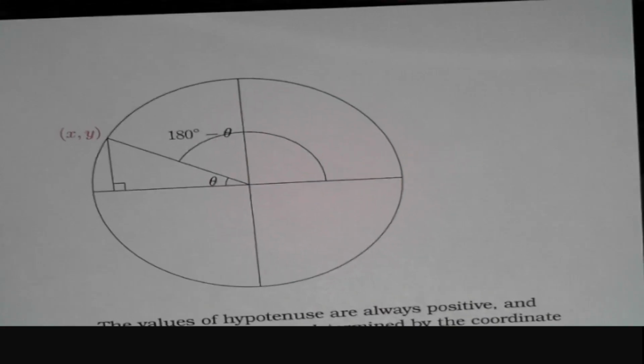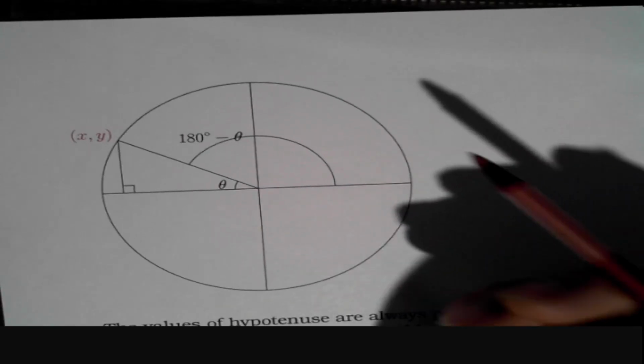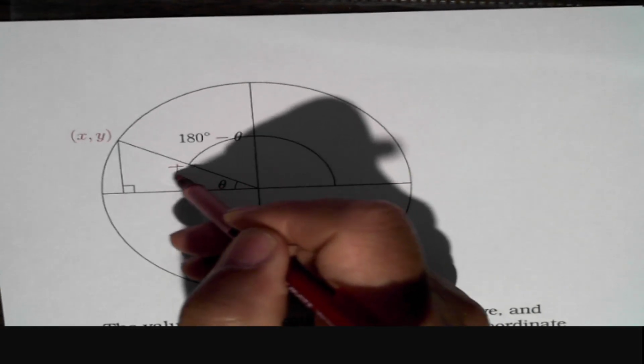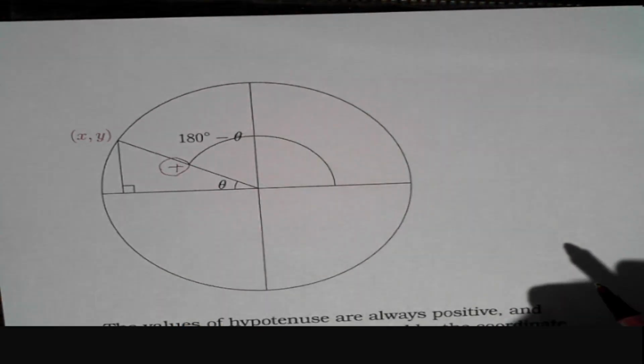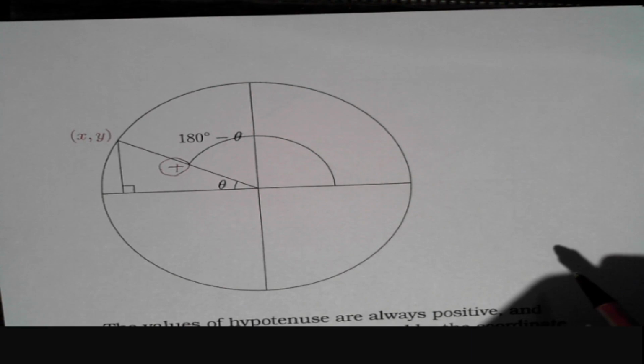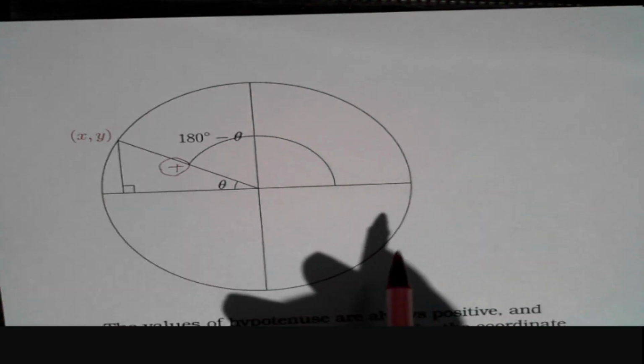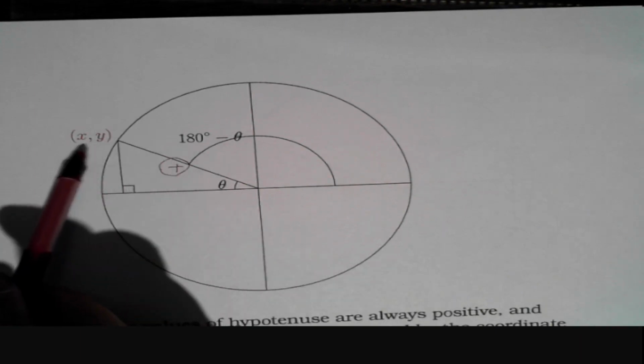And then here is one more very important thing. Whenever we make a triangle, the value of the hypotenuse will always be positive. Always positive. And the values of the two right-angle sides, you go by coordinates.